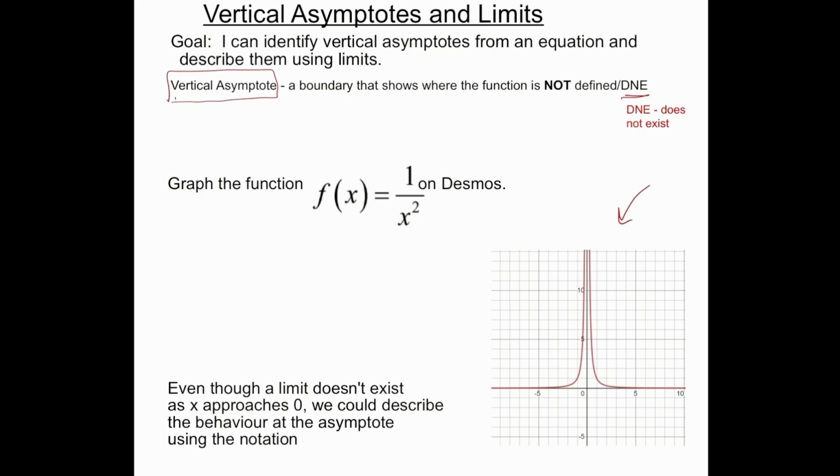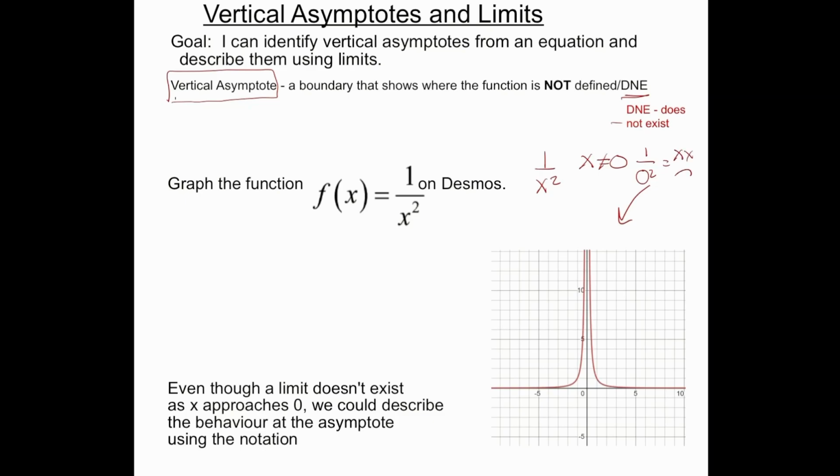And if we think about what's happening here, when can 1 over x squared not exist? Well, 1 over x squared cannot exist whenever x is equal to 0. So x cannot be equal to 0, and the reason is because we can't divide by 0.